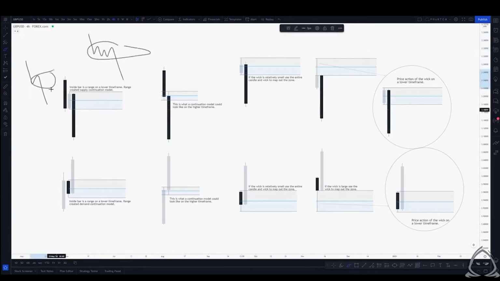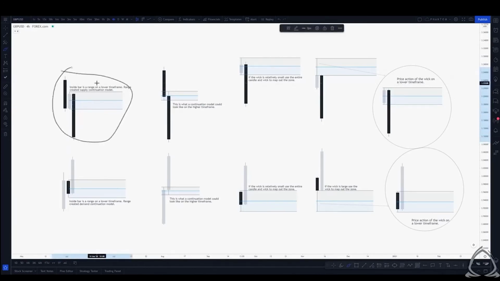And what this implies on that higher time frame is what this would be on a lower time frame. And again, what this allows us to do is if we see this type of price action on, say, a 1 hour chart, and we're not comfortable going any lower than that chart, we don't need to, because we understand that this inside bar is more than likely a range or pivot on a lower time frame.